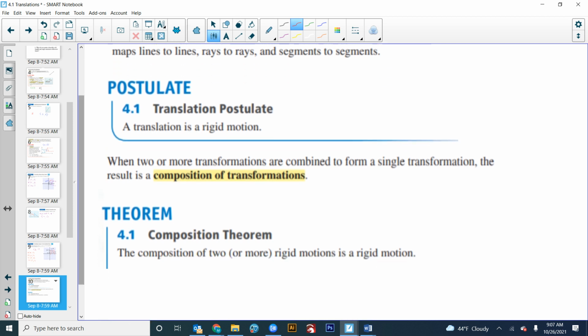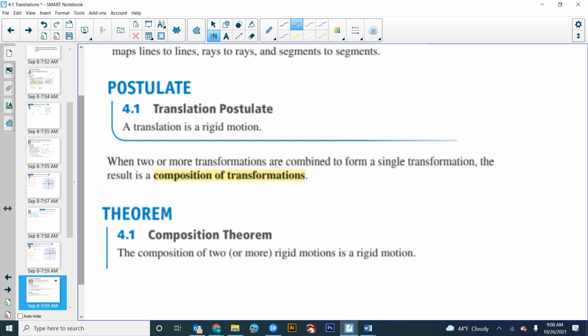When two or more transformations are combined, what if I said translate and reflect? Is the two combined going to be a rigid motion? When two or more transformations are combined, it's called a composition of transformations, and the composition is still a rigid motion.